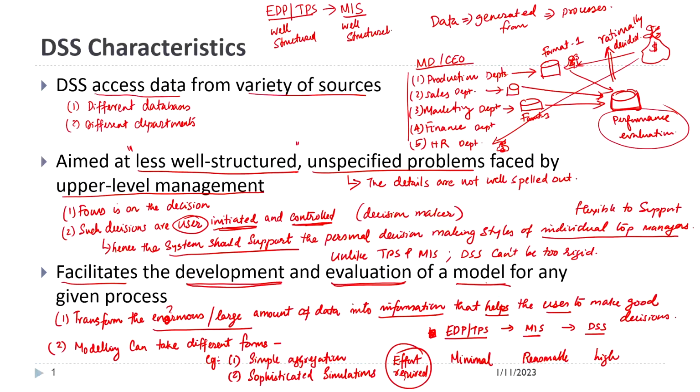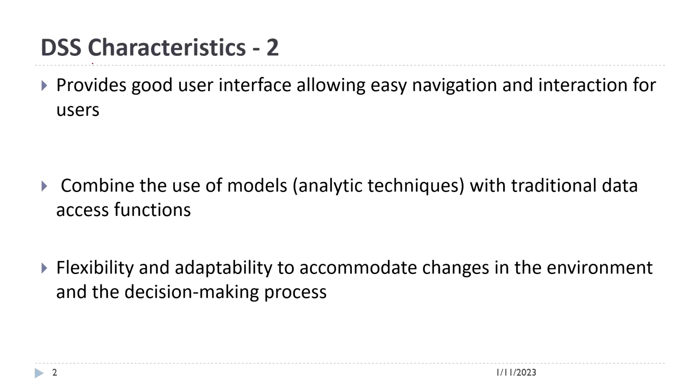Okay. So, the second part of DSS characteristics, we just mentioned some characteristics. If you look into the slides with the second set of characteristics in DSS, it provides a good user interface. Okay. So, we need to compare this with the MIS, but a good user interface will allow for easy navigation and interaction for the users.